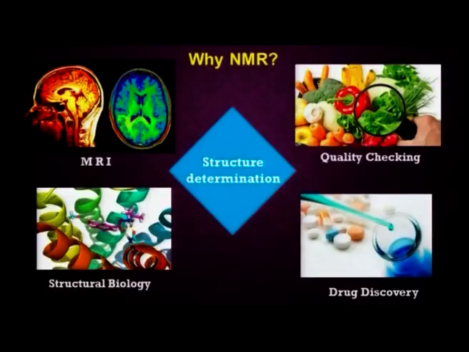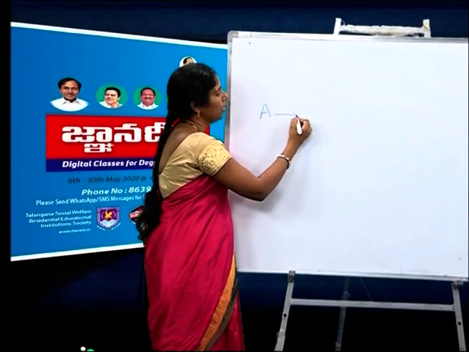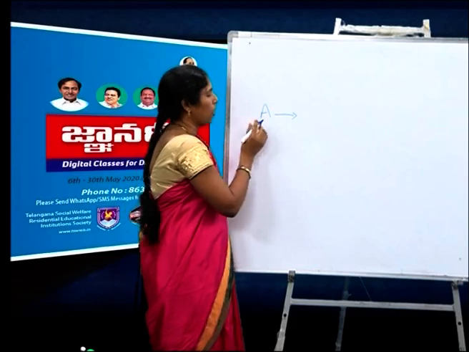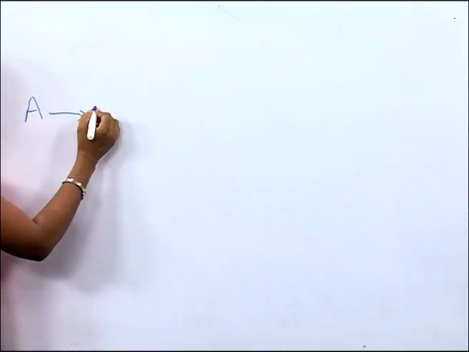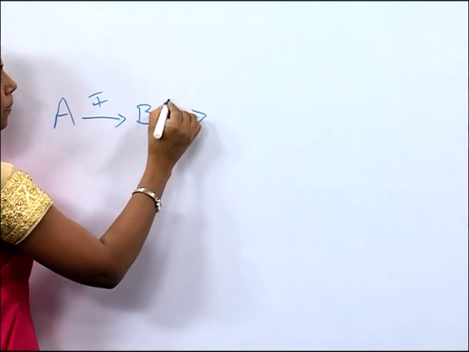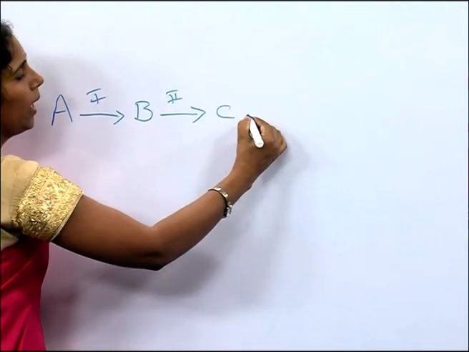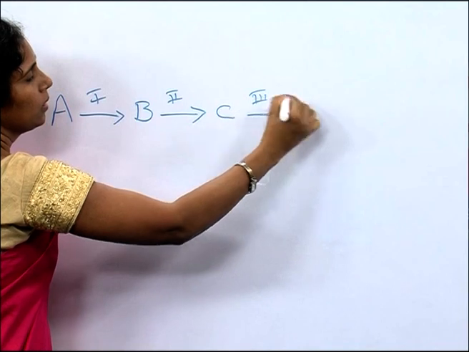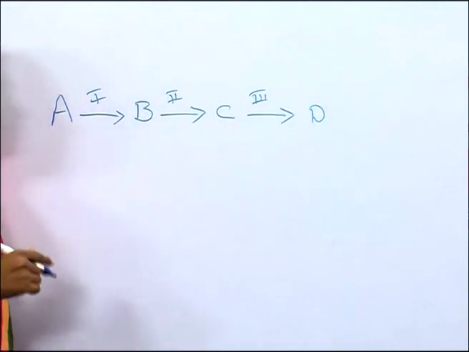If you look at the synthesis part, let me take one example. Let us assume that we have designed a drug D from starting material A in some steps. Those are conversion of A to B in the first step, in the second step B to C, and in the third step C to D, which is a drug molecule here.